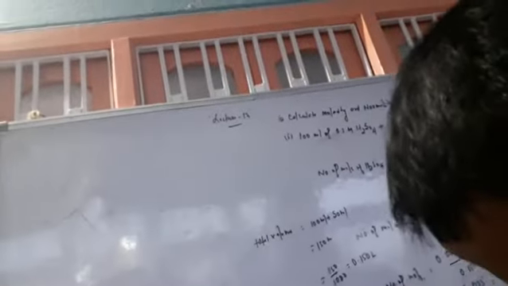Total number of moles is 0.02 plus 0.005, divided by 0.150, that is 0.025 upon 0.150, and the answer is 0.167 mole per liter. This is the molarity.